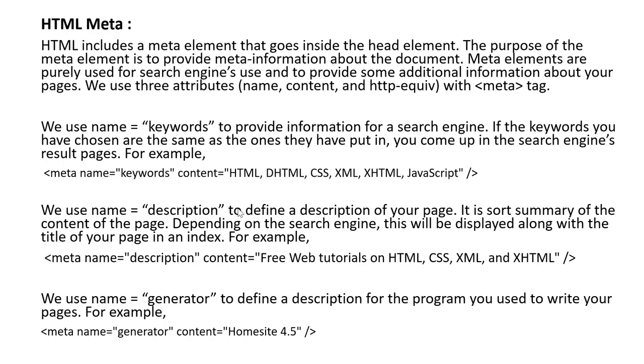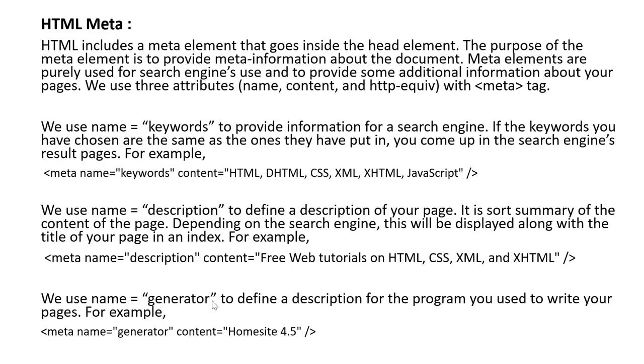We use name description to define the description of your page. It is a short summary of the content of the page. Depending on the search engine, this will be displayed along with the title of your page in an index. For example, meta name description content: free web tutorial on HTML, CSS, XML, and XHTML.